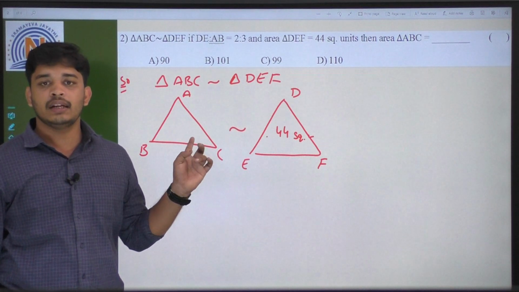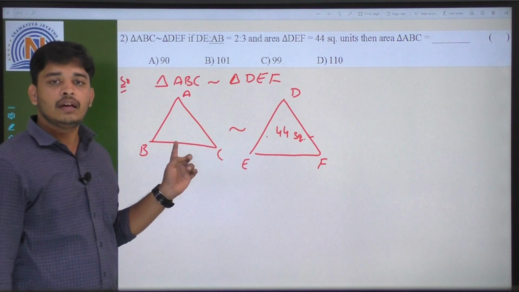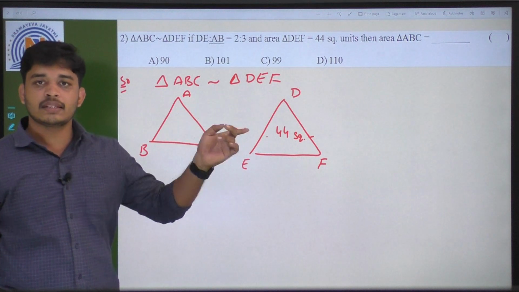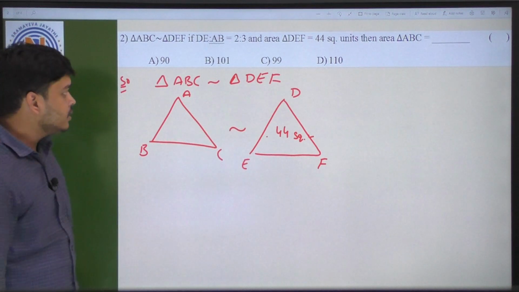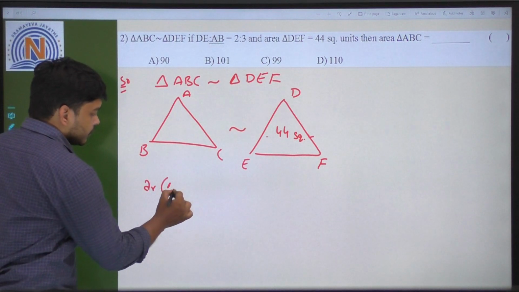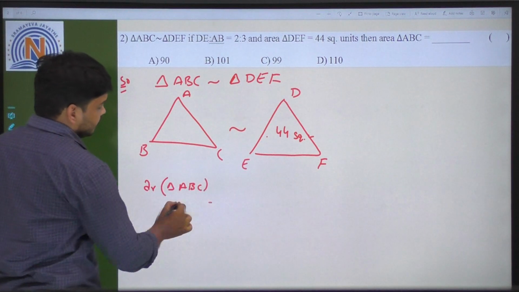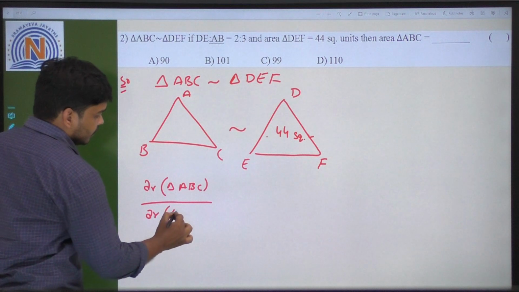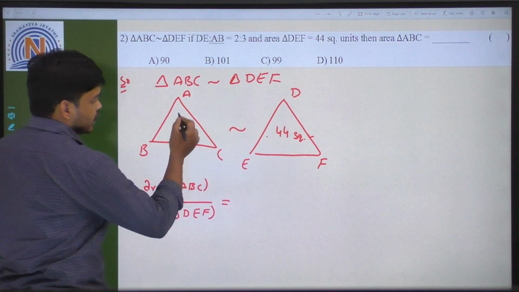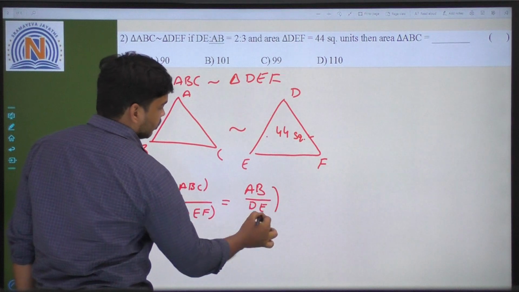If two triangles are similar, the area of triangle ABC by the area of triangle DEF is equal to side by side whole square, that is AB by DE whole square.